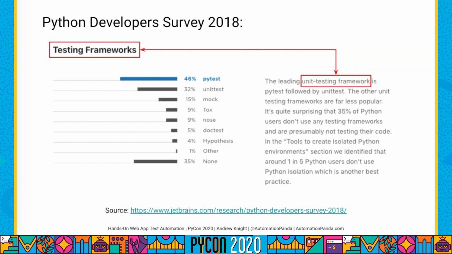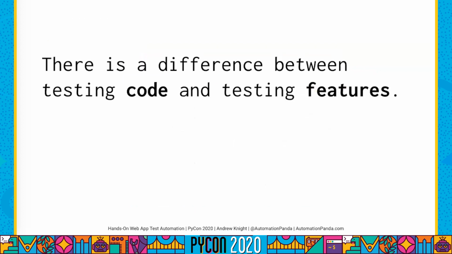However, when the results came out and I read the report, I noticed that in the verbiage around the testing framework's answer, they said the leading quote-unquote unit testing framework was such and such. And that just made me so sad because it shows right there that not everyone understands that some of these frameworks, like pytest, can be used for more than just unit testing.